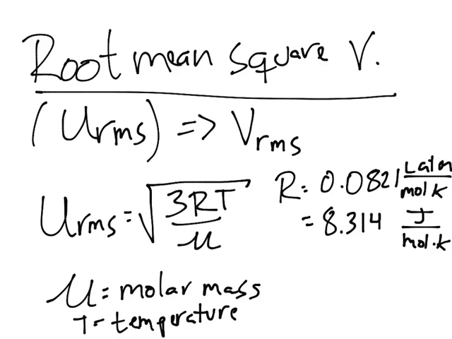Now you may be asking yourself, when do I use the R that is in liters atmospheres per mole Kelvin, or the R that is in joules per mole Kelvin? You will want to use this R when you're dealing with energy and velocity.